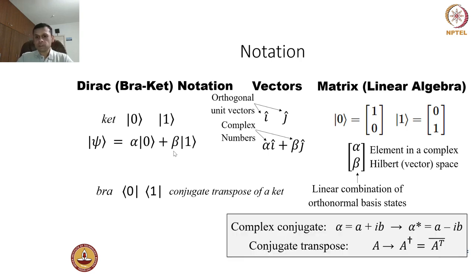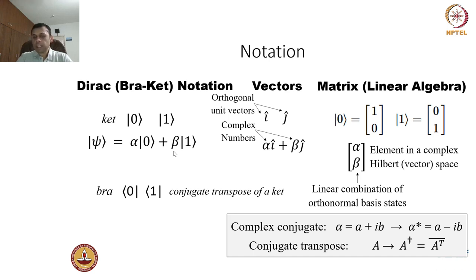What is the conjugate transpose? Just refreshing your complex numbers and matrix theory that you may have learned in high school. Think of a complex number alpha having a real part A and an imaginary part B. Its complex conjugate, A star, is A minus iB. That is, keep the real part the same and negate the imaginary part. And for a matrix, the conjugate transpose is defined as A dagger.